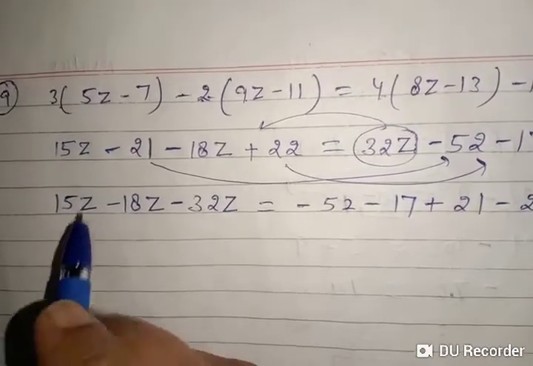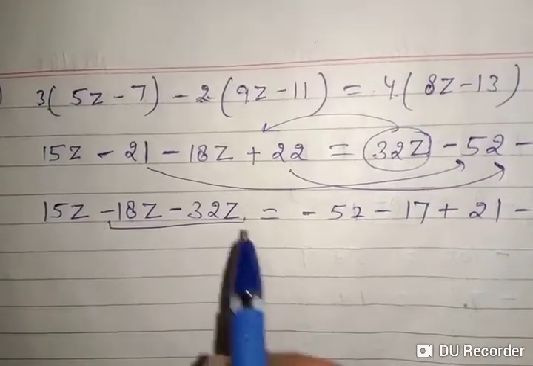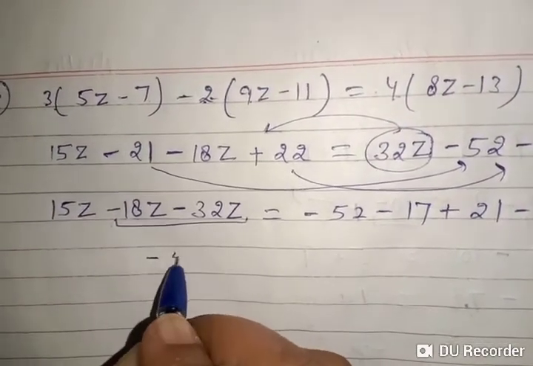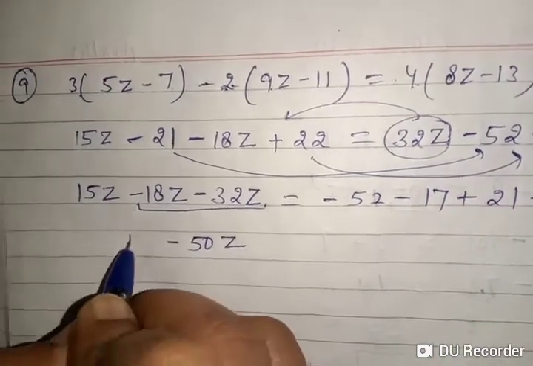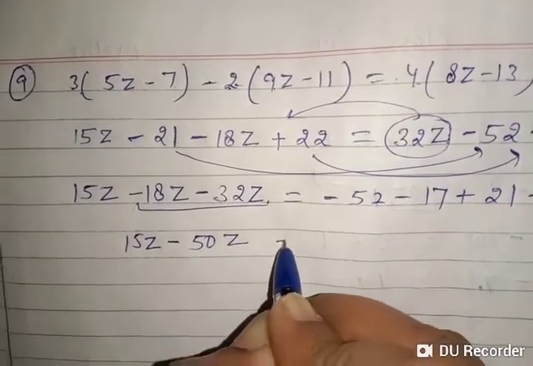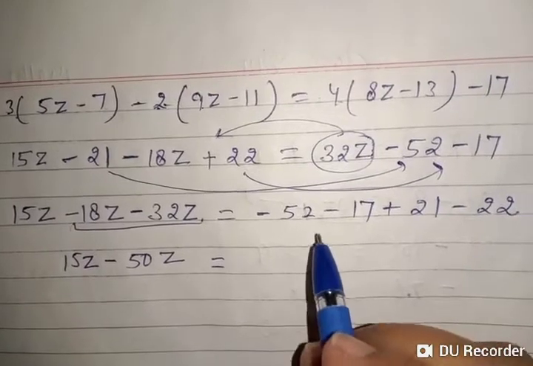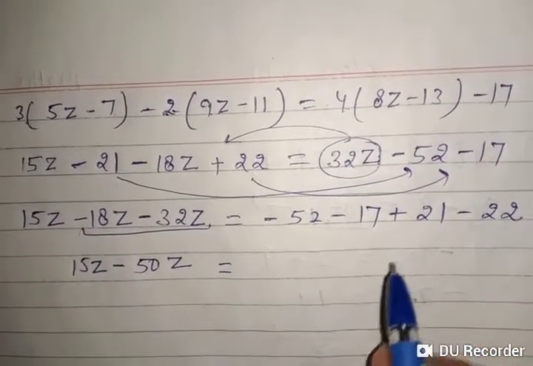So integers, first of all same sign add, so it will be minus 50z, it is 15z is equals to, now solve it using integers.